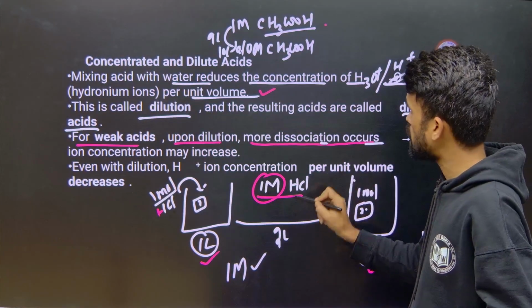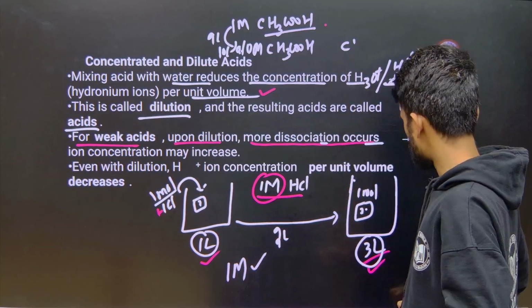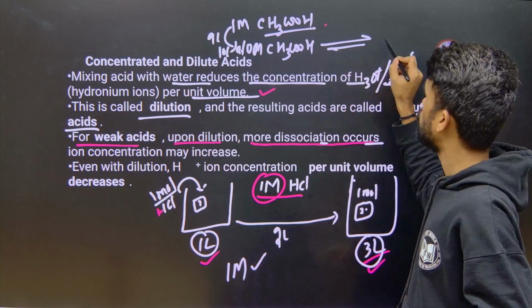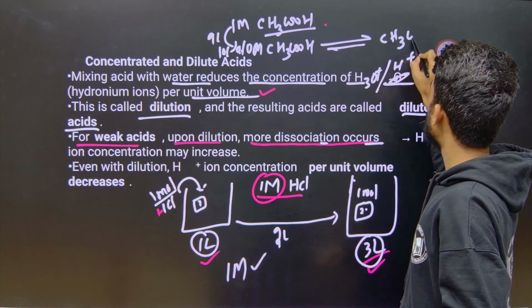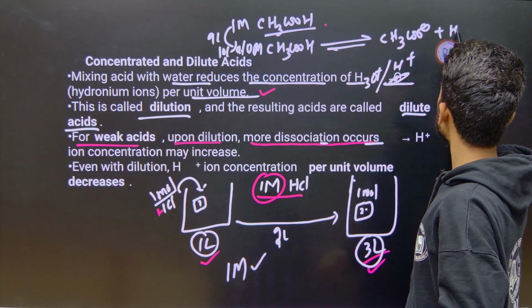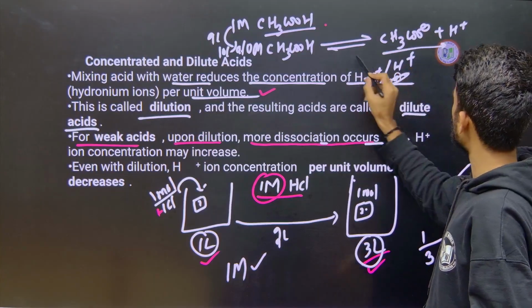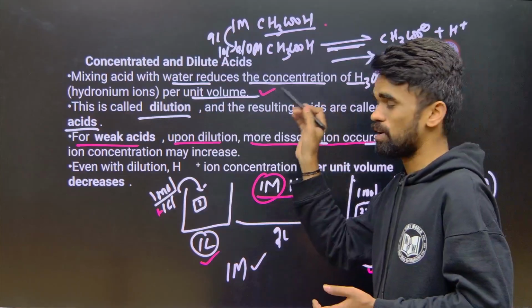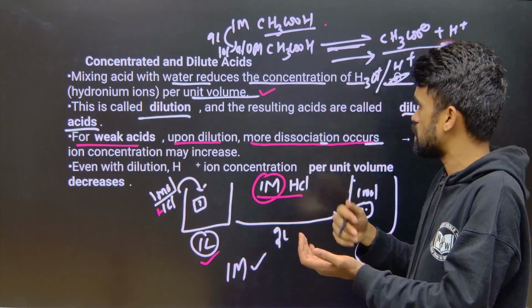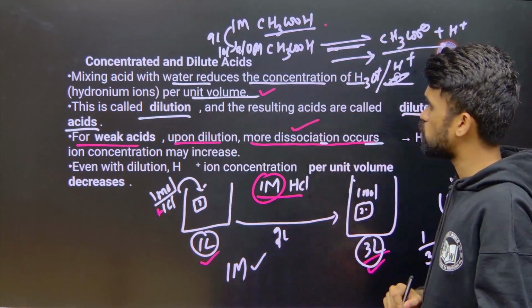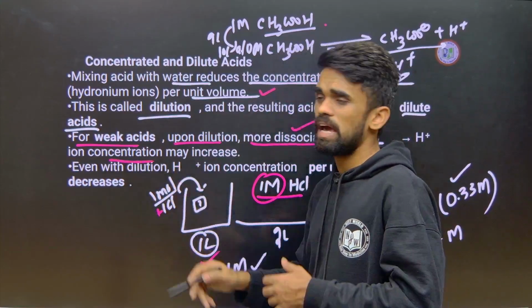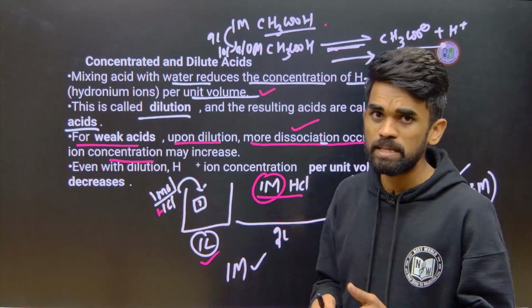It means the acetic acid will dissociate to a little more extent when we dilute it. When we dilute it, the equilibrium favors the forward direction more than the backward, therefore the degree of dissociation increases. That is what, more dissociation occurs, and the concentration of H plus ions may increase.